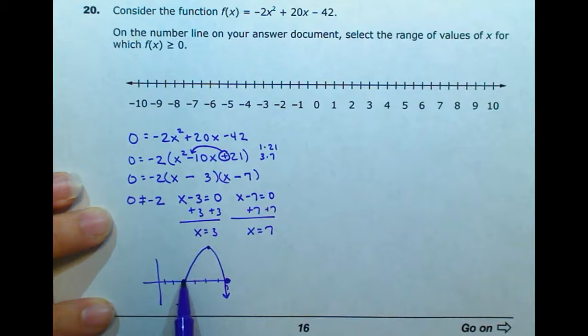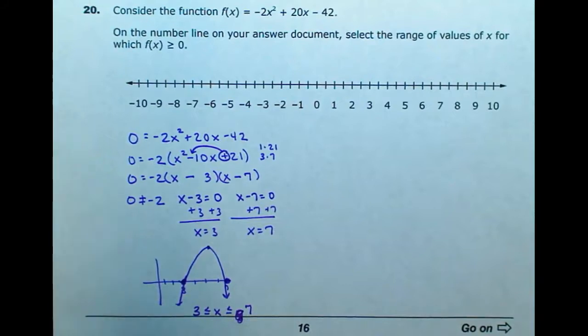So if you look at 3 to 7, notice my graph is above 0 for the y's. So from 3 to 7, that is going to be my values of x. Why put a y? That's a 7, sorry. That's going to be my values of x that are going to give me a y greater than or equal to 0.